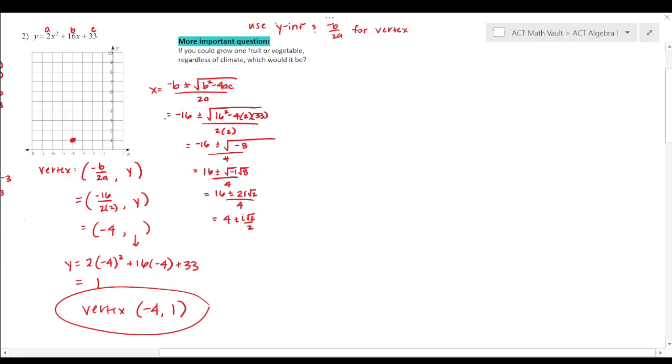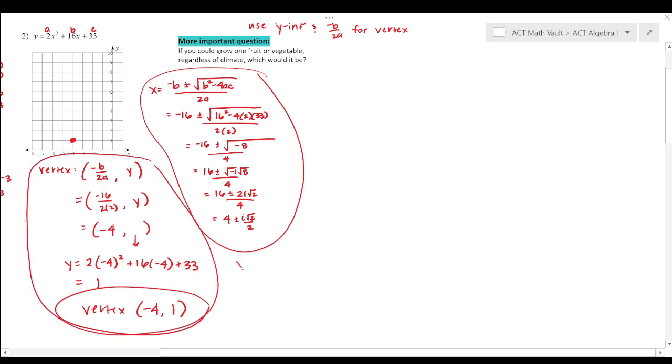Well, let's keep organized. That was my work to figure out the intercepts. Well, there aren't any. So the vertex is over here. And then the last thing is you can also use a y-intercept. So y-intercept is setting x equal to 0, solving for y.